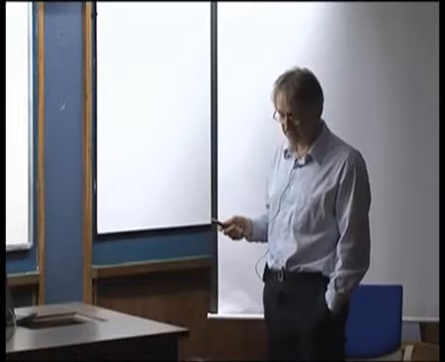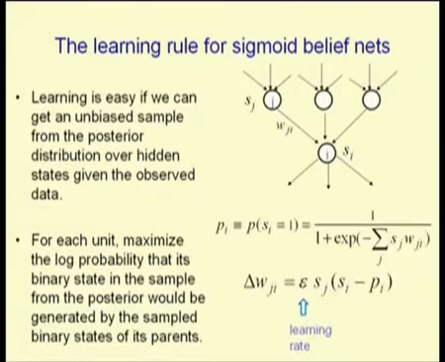Then the learning is very easy in a sigmoid belief net. So let's suppose we want to learn the weights coming into this unit i. These are the units in the layer above. Let's suppose this is some hidden unit. What we need to do is take our sample from the posterior, which gives you a binary state for each of these guys, and then maximize the probability that the observed binary state would have been produced by the states that were observed up here.